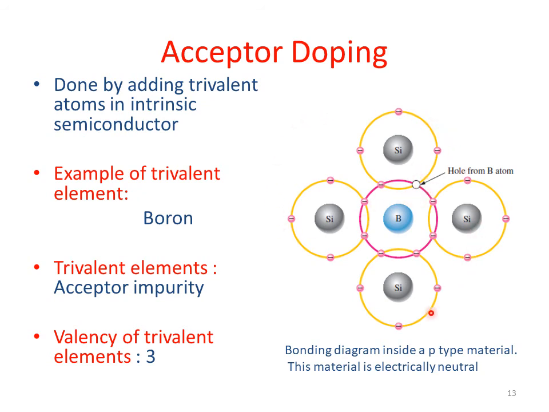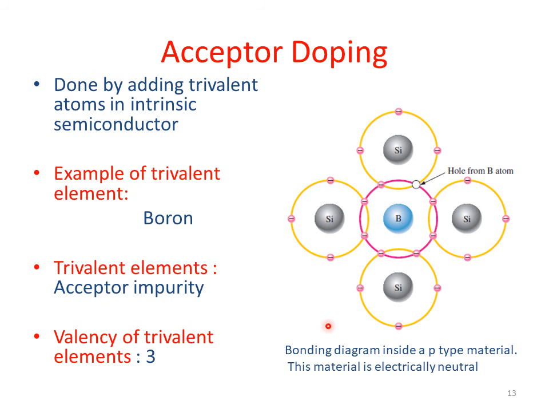Therefore, this bonded structure tries to obtain a free electron in its hole to complete its octet. Since it has the ability to gain electrons, the trivalent elements are called acceptor impurities, as they have the tendency to accept an electron.